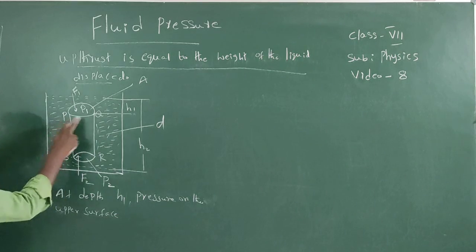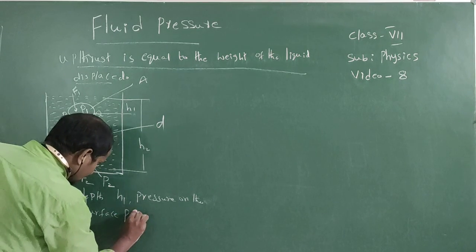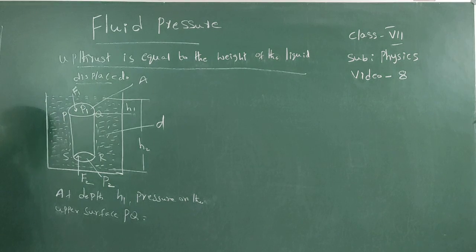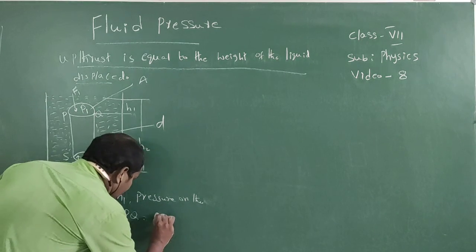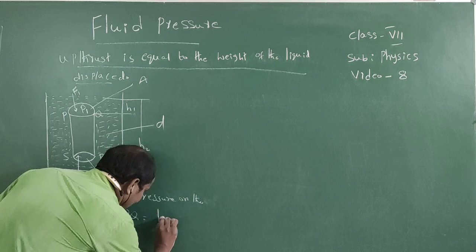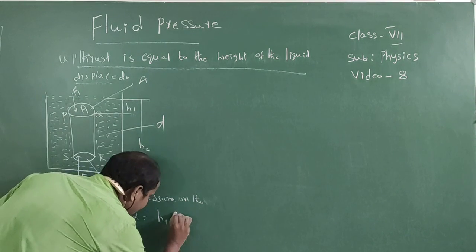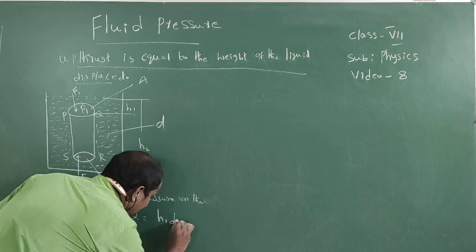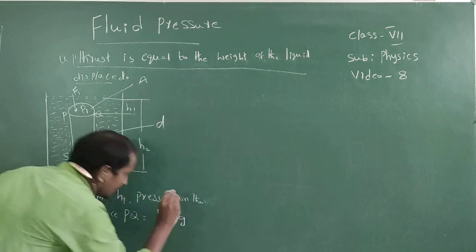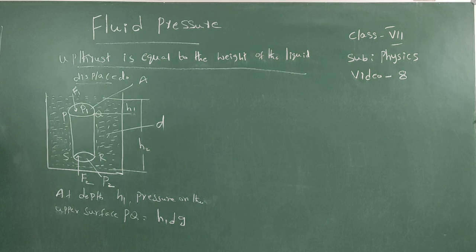What is that upper surface? PQ. The pressure is equal to the height of the liquid, H1, times the density of the liquid, D, times the acceleration due to gravity, g.